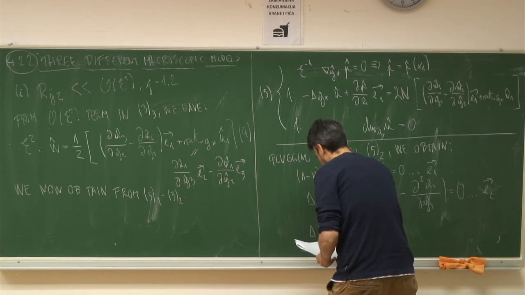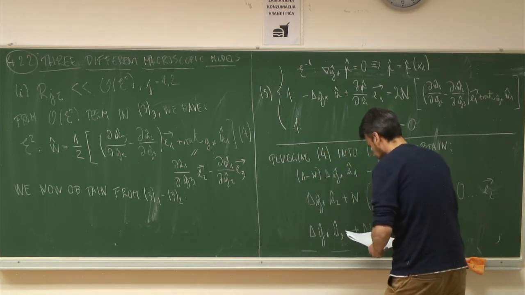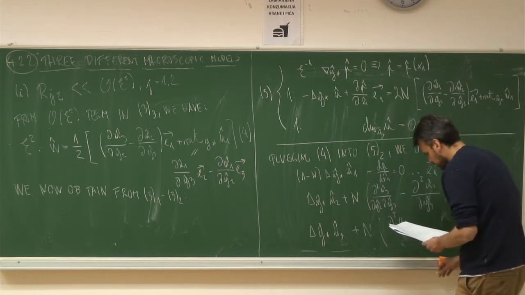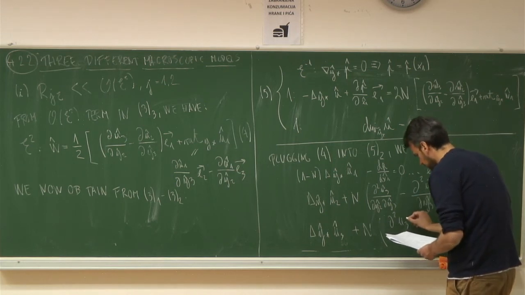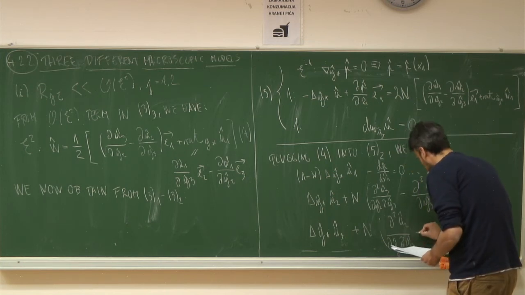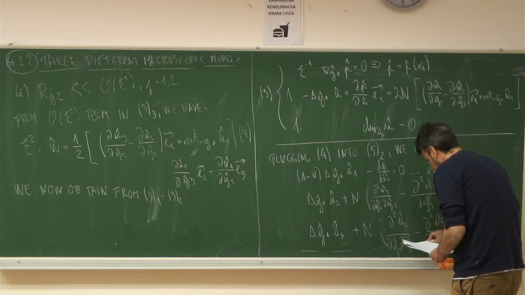So Laplace y kappa star u3 kappa plus n, so basically very similar, but u3 and u2 are replaced. So here you have u2 kappa y2 y3 minus u3 y2 kappa squared.